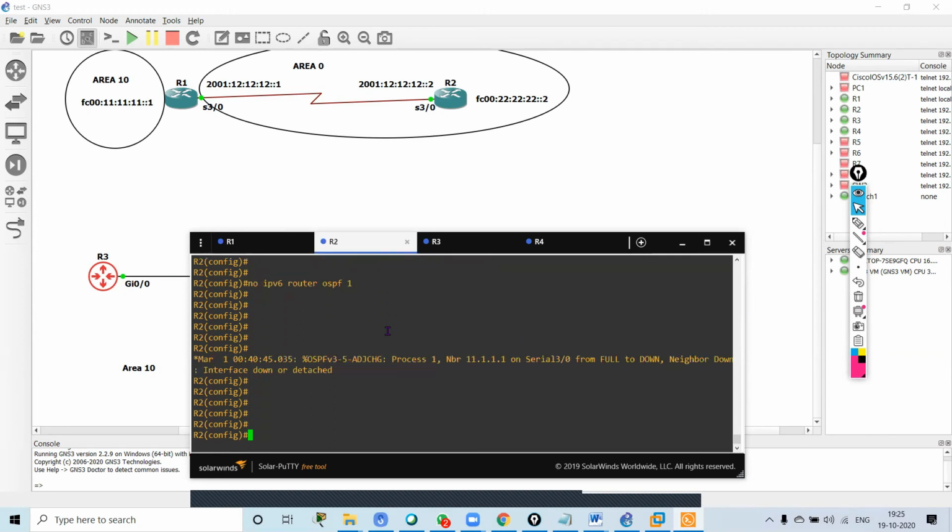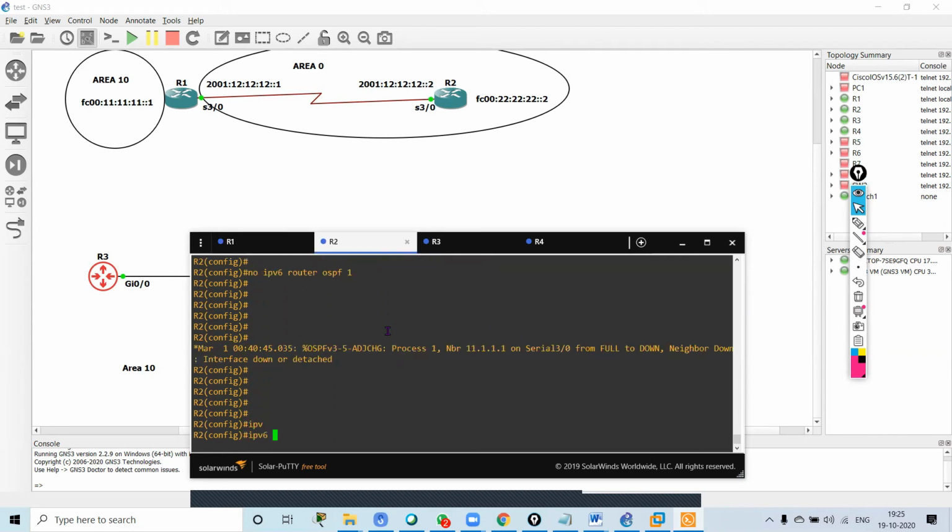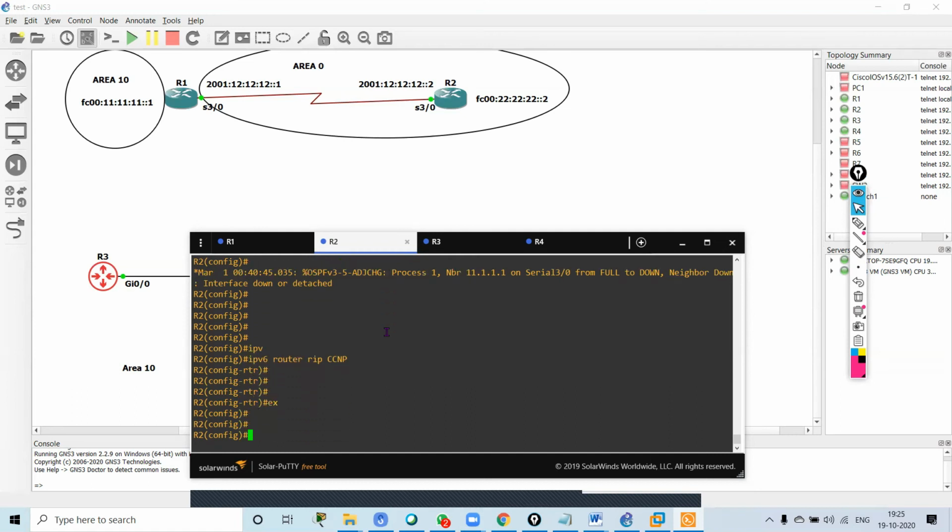RIP is enabled now. On the other side of the router, IPv6 router RIP CCNP. This should be the same. Okay, the process ID name should be the same.